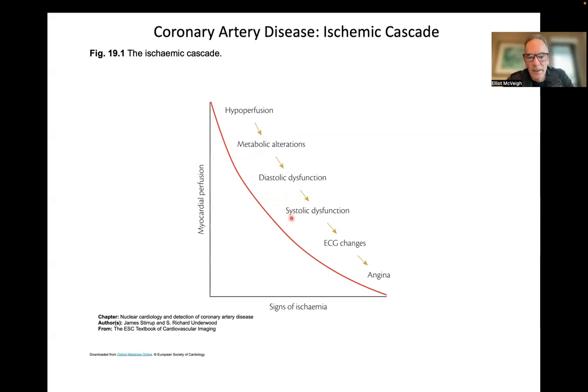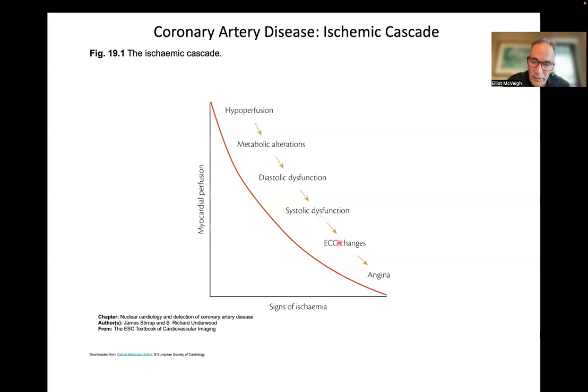And then as the condition progresses, you'll start to see a drop in the ability of the heart to contract. The muscle won't contract as much. And eventually, if the ischemia gets bad enough, the muscle will just stop contracting at that location in the heart. This produces a very obvious abnormality when you look at a movie, because now the heart is contracting in a very non-symmetrical way, and it's pretty obvious to see.